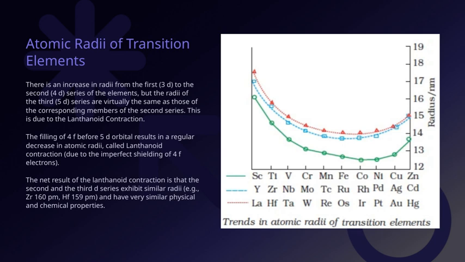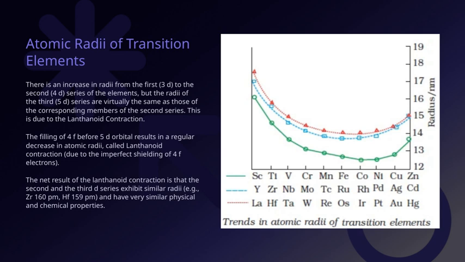You might notice that from the first transition series, the 3d series, to the second, the 4d series, there's an increase in radii. But then, surprisingly, the radii of the third series, the 5d elements, are almost identical to those of the second series. This is a direct consequence of the lanthanoid contraction, which compresses the sizes of these atoms despite the addition of more electrons.